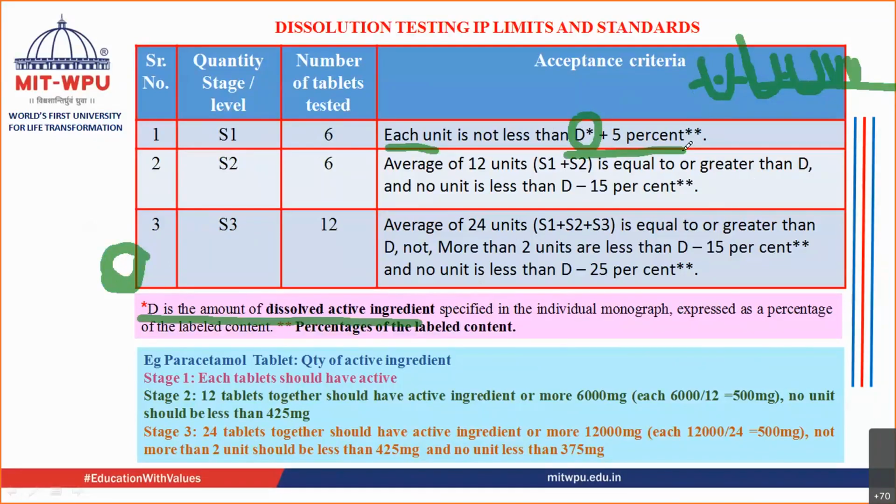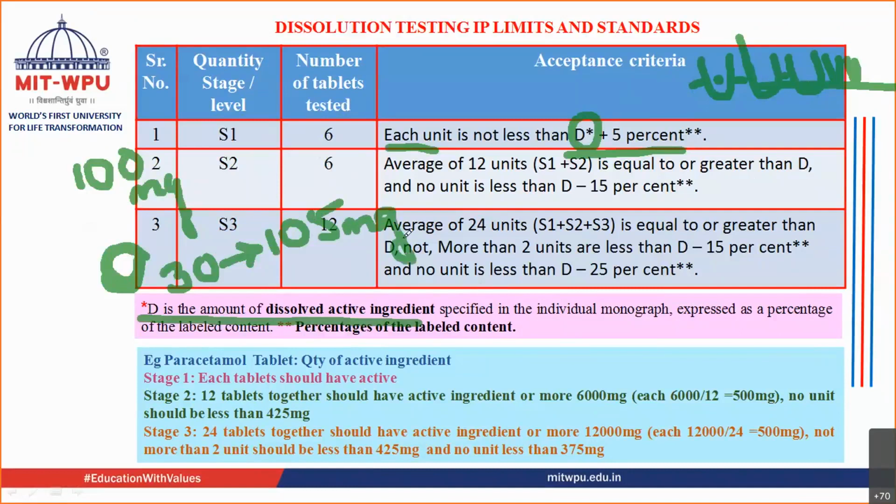released percentage. Just for an example, say your tablet has 100 milligram of the drug, and the specified time is 30 minutes. After 30 minutes, all these 6 tablets should release 105 milligram of drug. That much should be the release.